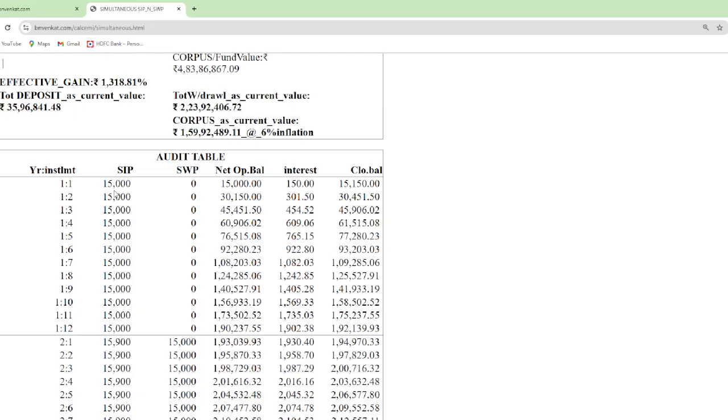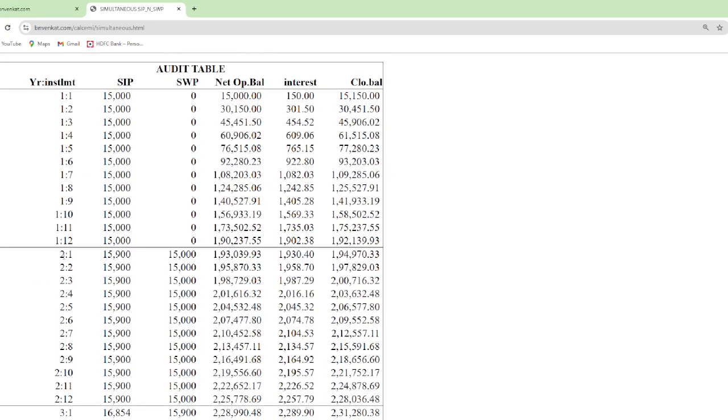SIP starts at the first year, first month, that is 0 month, at 15,000 rupees. And the next year, one can withdraw 15,000 rupees per month as SWP for 1 year.